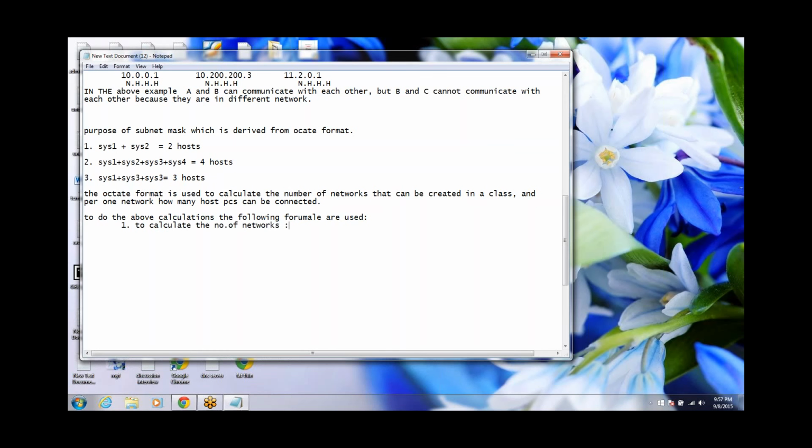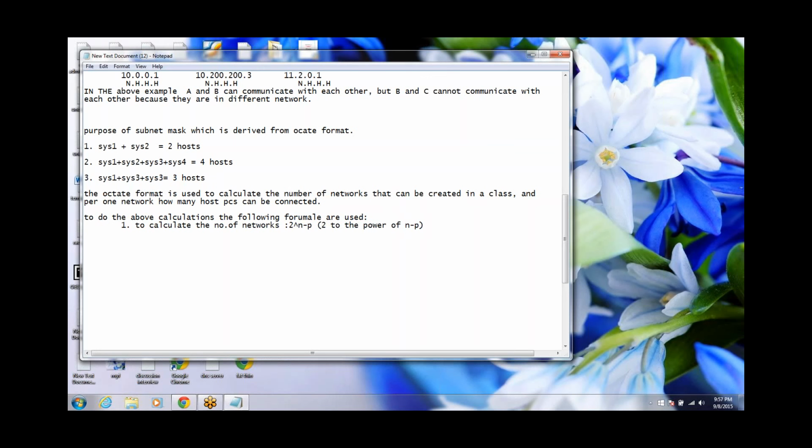First, to calculate the number of networks, the formula is 2 to the power of n minus p. Both n and p are at the power here.